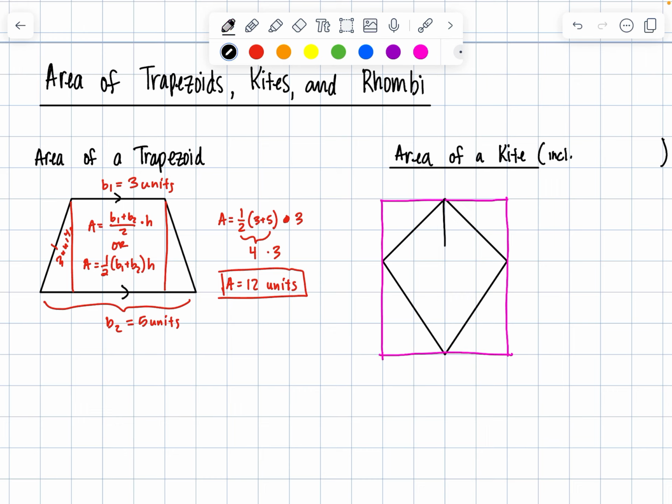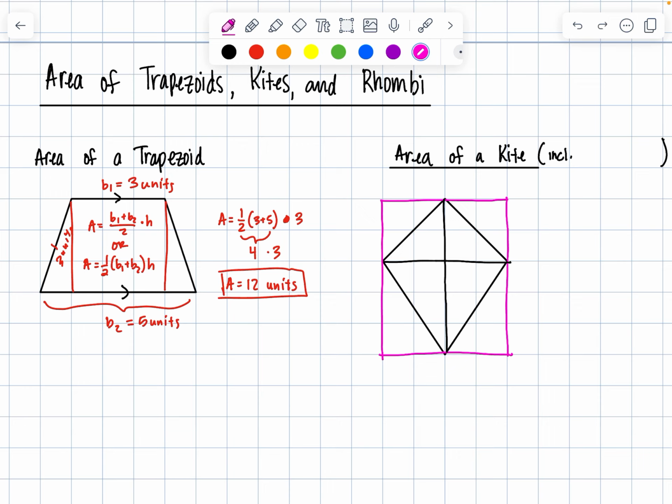Each diagonal represents the length and the width, or the base and the height. So we have a base and a height of the pink rectangle. But the pink rectangle isn't the diamond. The pink rectangle is actually a whole bunch of half rectangles.